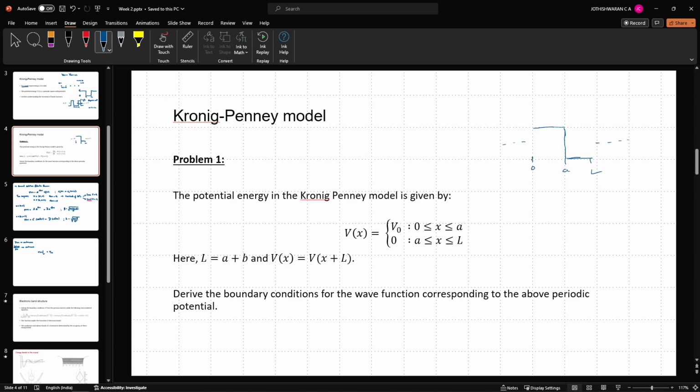So there is the boundary around 0, and a boundary from this side and from that side. So there will be three boundary conditions, but we will see something interesting that is happening here.